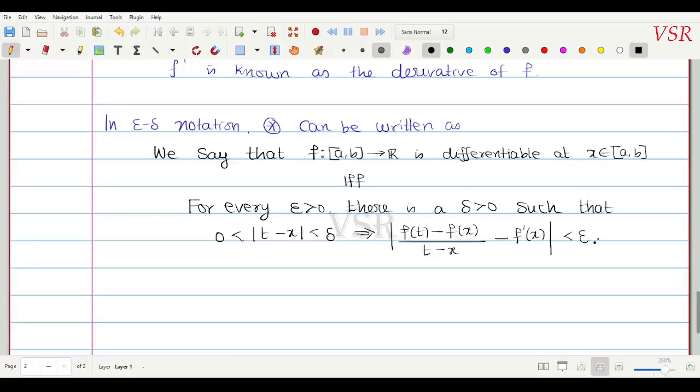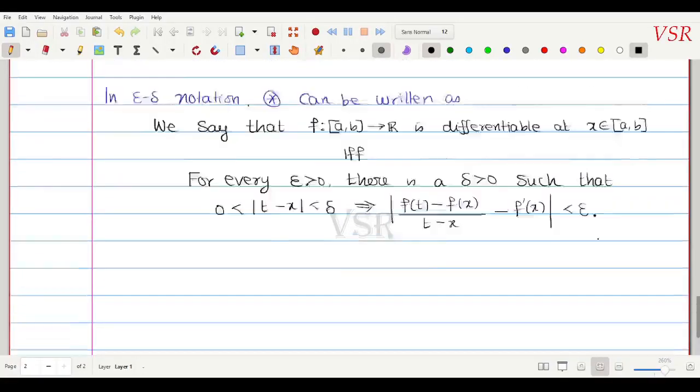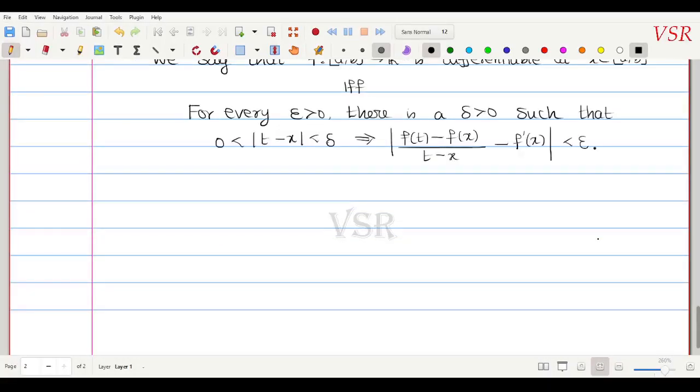Is it okay? Now note that we are not discussing the left derivative or right derivative. We are only discussing the whole derivative. For example, suppose x equal to a.